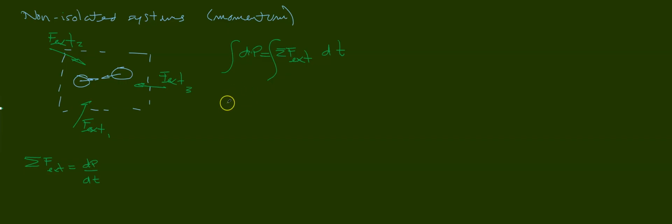The change in momentum will be equal to the average net force times the time. This will be momentum final minus momentum initial equal to the sum of the average force, which is a vector, I'm sorry I didn't put that, times time final minus time initial.